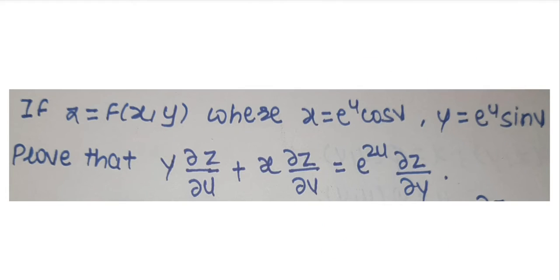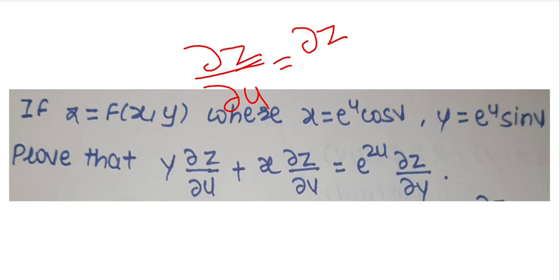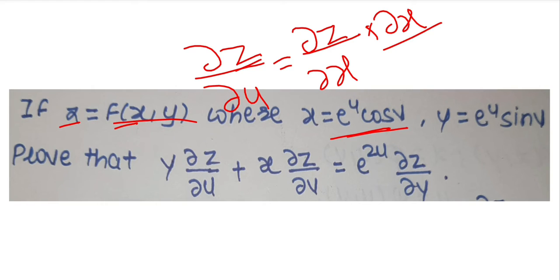The answer is that for finding delta z upon delta u, we will use the formula. First, z is a function of x comma y, so first it will go to x, that is delta z upon delta x into delta x. Delta x is a function of u and v, but we are now differentiating with respect to u, so it will be delta u.